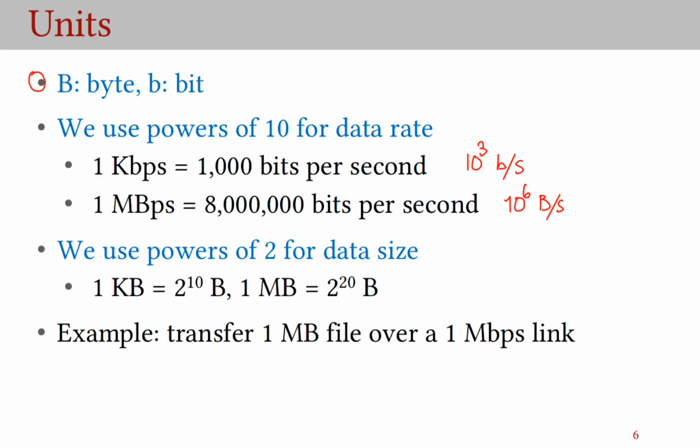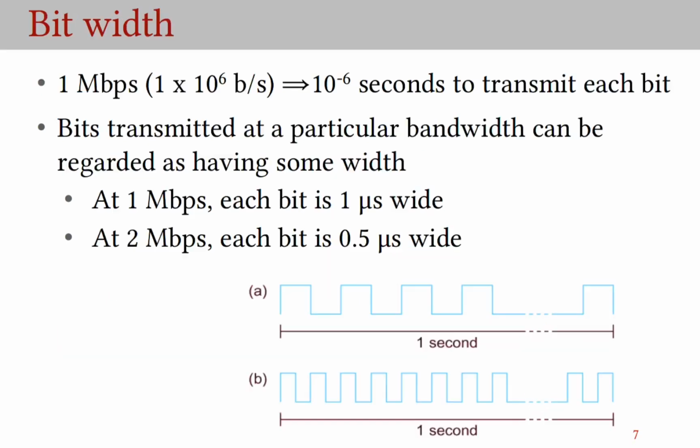So one may see, for example, instances where one is referring to transferring 1 megabyte file over a 1 Mbps link. And this statement is referring to transferring 2 to the power 20 bytes of data over a link of bandwidth 10 to the power 6 bits per second.